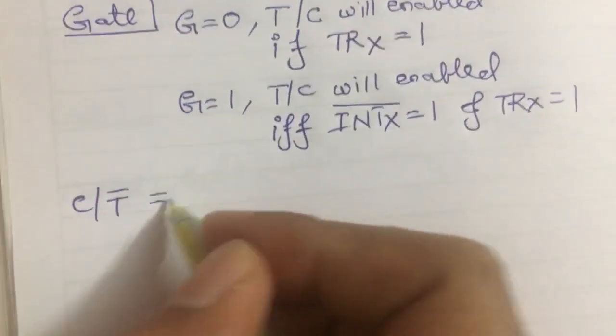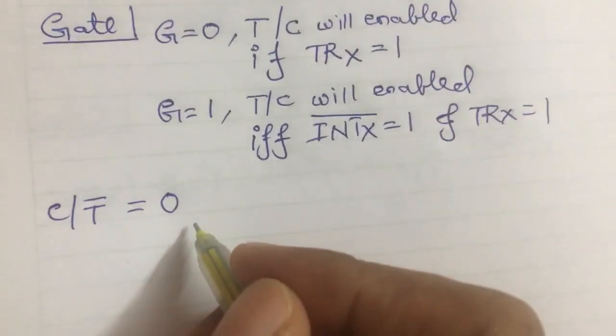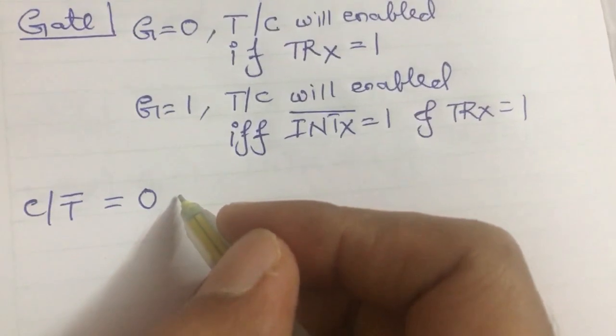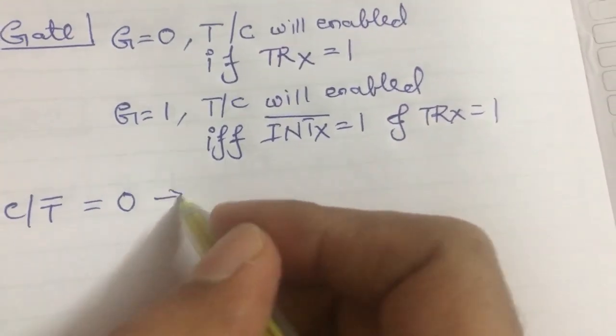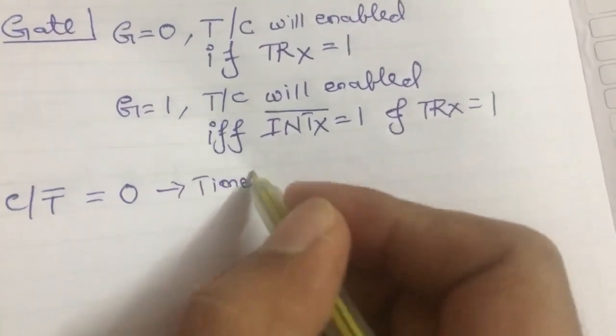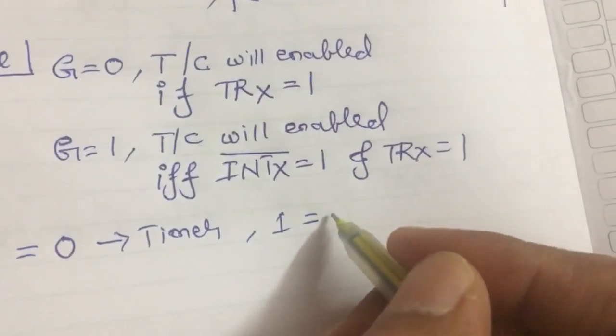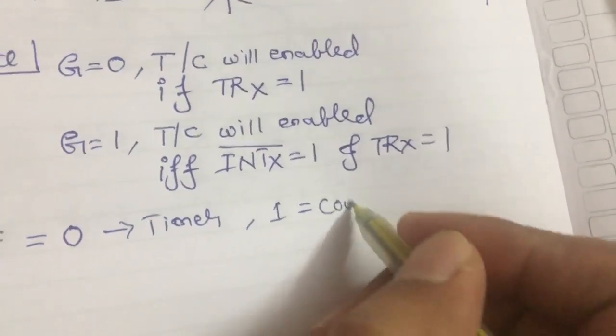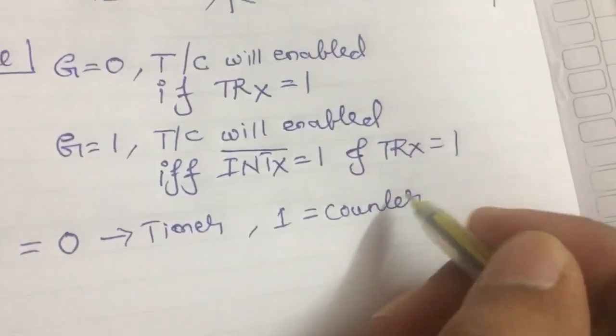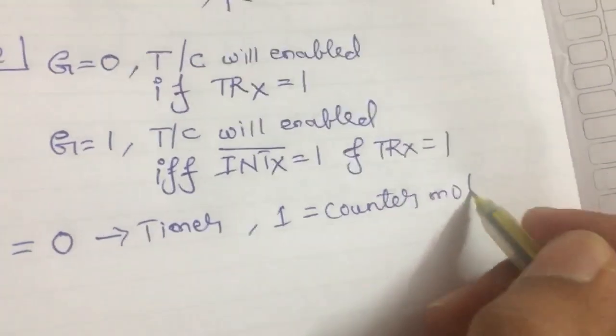The next bit is C/T bar. It is very simple. If it is equal to 0, then we are in timer mode. And if it is equal to 1, we are in counter mode.